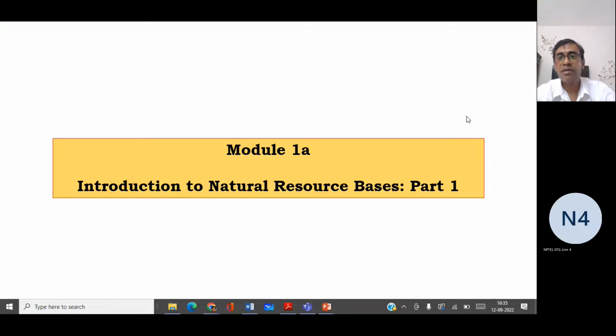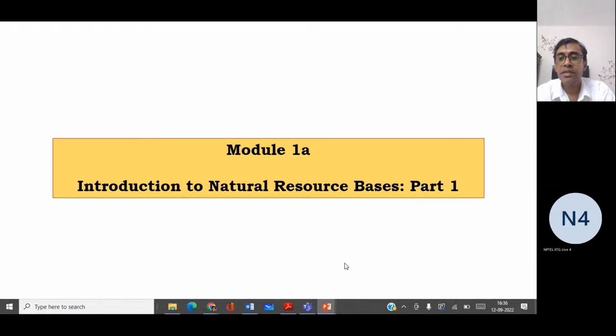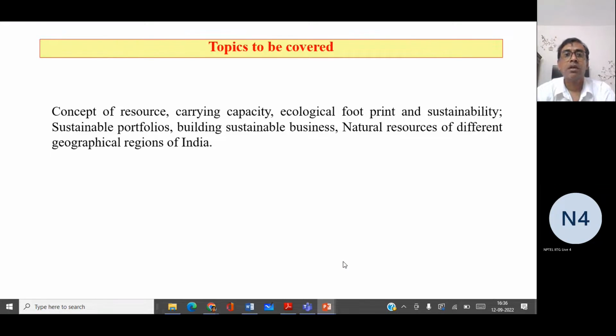We discussed various aspects of resource management, like the carrying capacity, ecological footprint, sustainability, sustainable portfolios, then building sustainable businesses, and natural resources of different geographical regions of India.